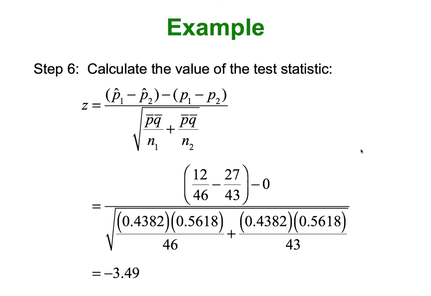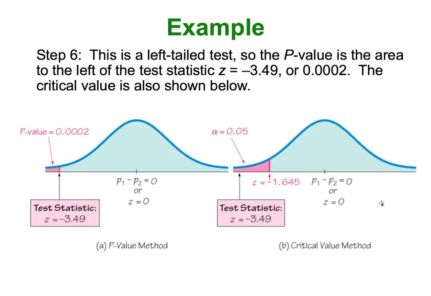And taking care with our parentheses and doing our calculations as diligently and carefully as possible, we come up with a negative 3.49. So that is our test statistic.